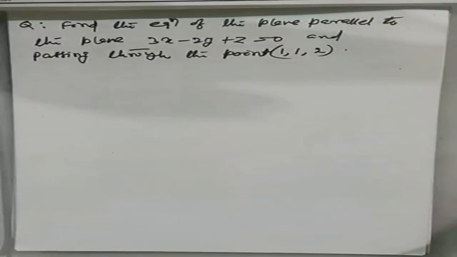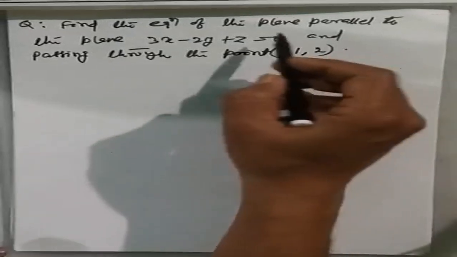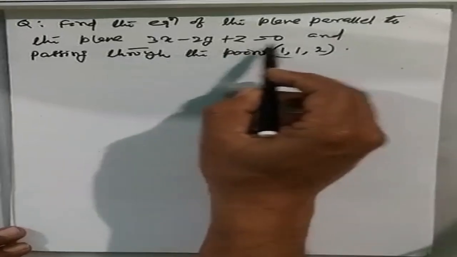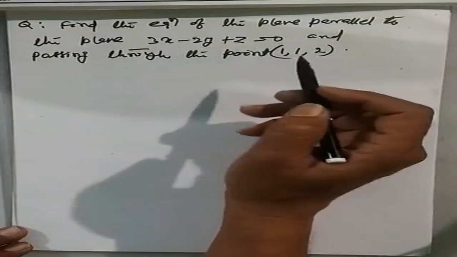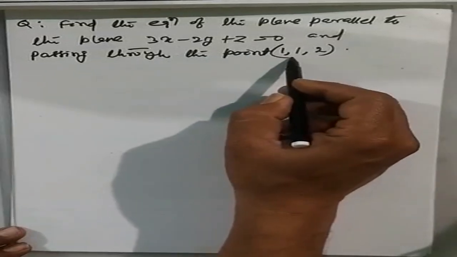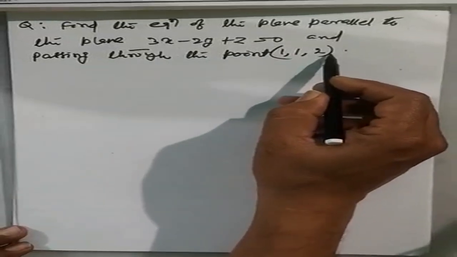So here we have to find the equation of a plane which is parallel to the given plane and passes through the point 1, 1, 2.